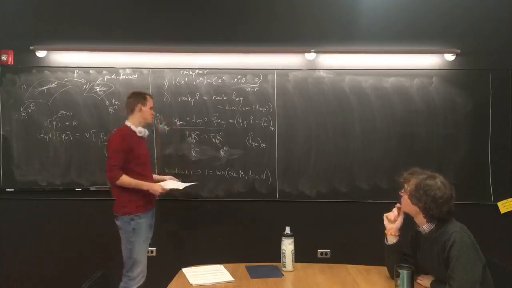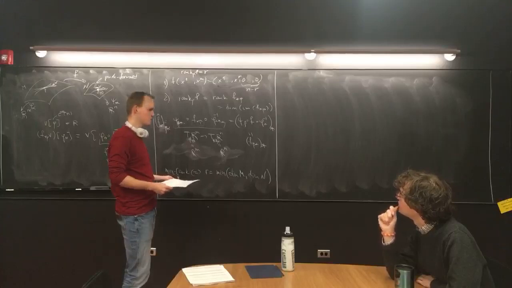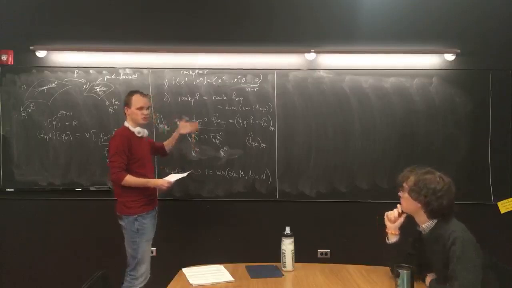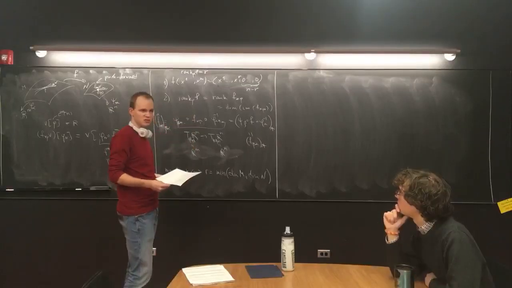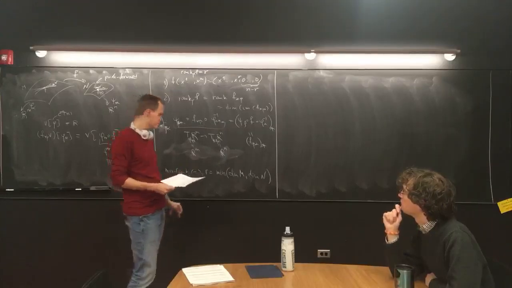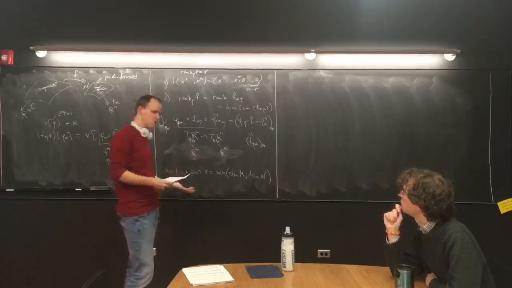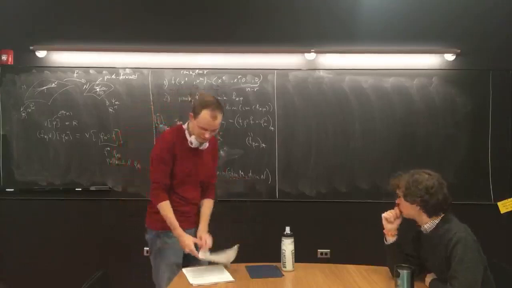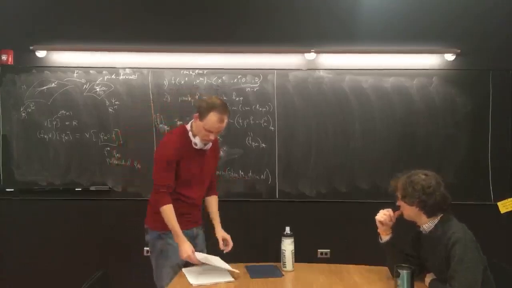So for maps of constant rank, to prove that they are an immersion, for instance, you don't need to check that the differential is actually injective at every point. It's just enough to know that the map is injective. That's not a necessary condition, but it's sufficient for immersion. And then if it's surjective, then it's a submersion. If it's bijective, then it's a diffeomorphism. That's also a pretty useful theorem.